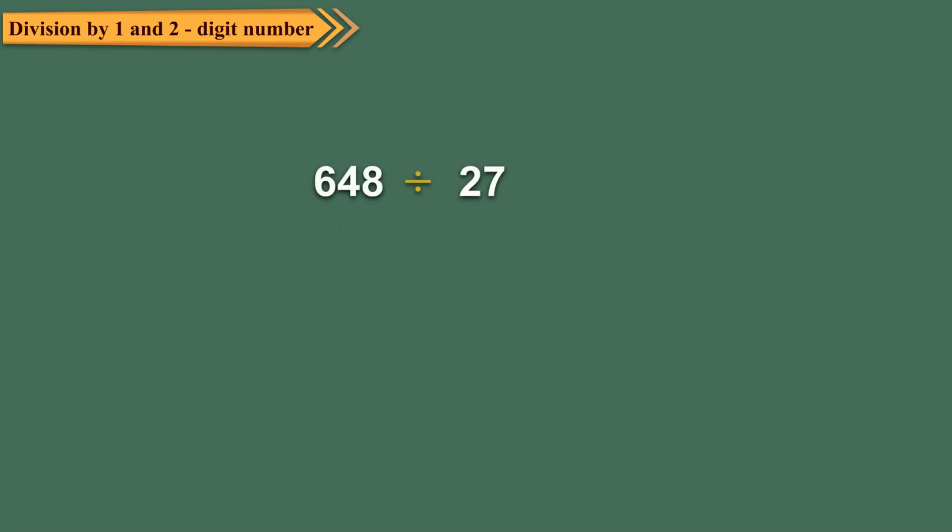Estimate the quotient for 648 divided by 27. 648 is rounded as 600 and 27 is rounded as 30. So the division becomes 600 divided by 30.